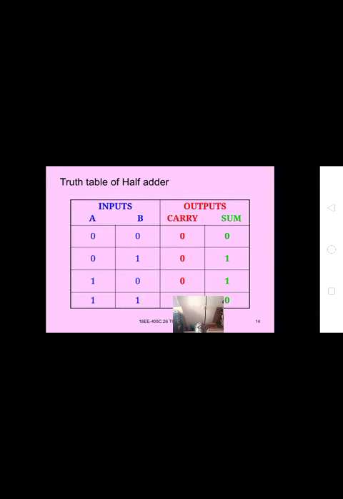Here I have taken a 2-1 code for getting the inputs, that is 0, 1, 2, 3. These are the 4 inputs for 2-bit representation. 0 can be obtained by placing positions 2 and 1, 0, we get the value 0.